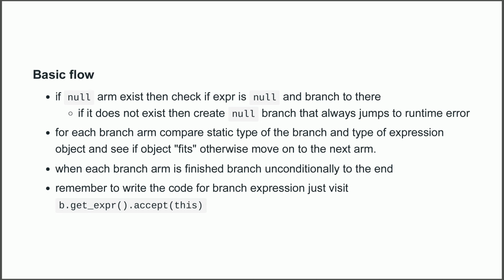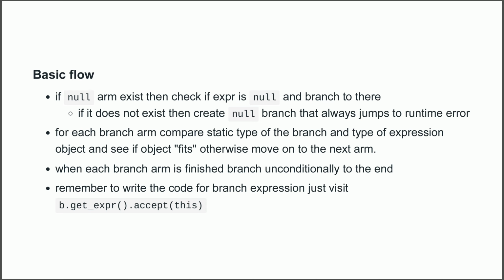So the runtime exception can be just a simple syscall 10 that terminates the program. It can be some label somewhere in the generated code that we can jump unconditionally to, that terminates the program, if that makes sense. Okay, so you need to have two control flows: if the null branch was provided, and if it's not.